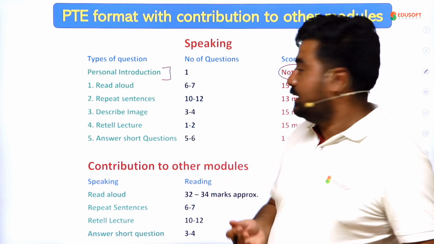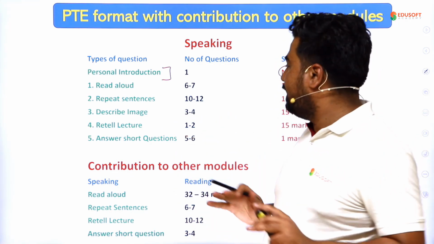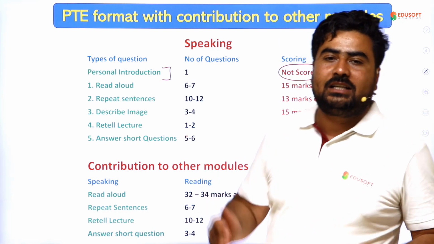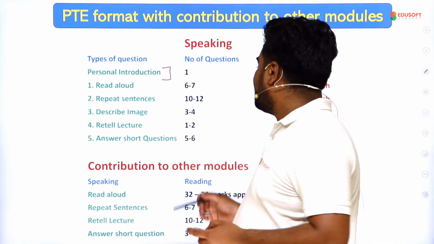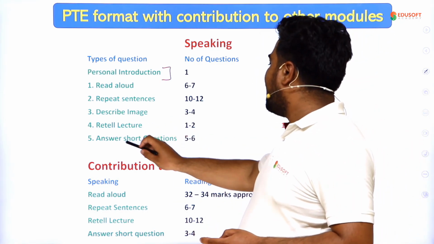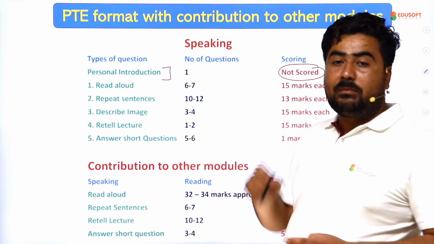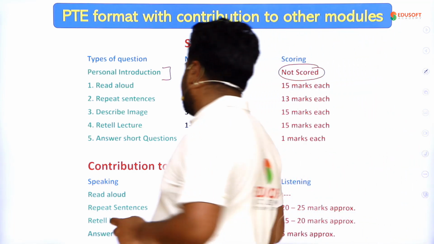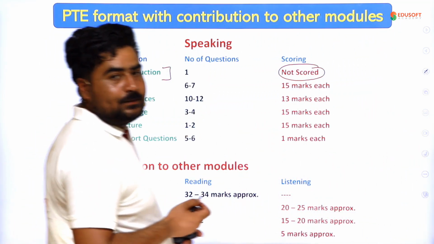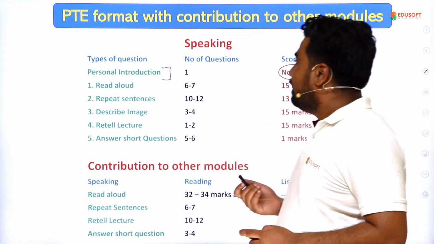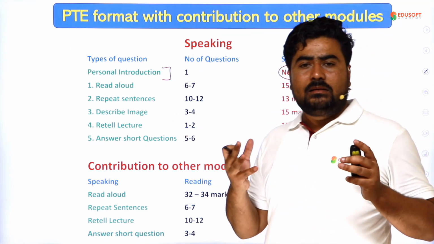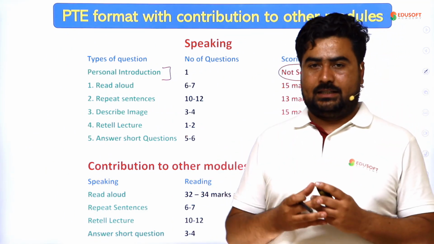What do you see over there? It has its own template, and you can go with the template and get a good score. Retell lecture, 15 marks. Answer short questions, 5 to 6 questions you will face, and it will be 1 mark each.